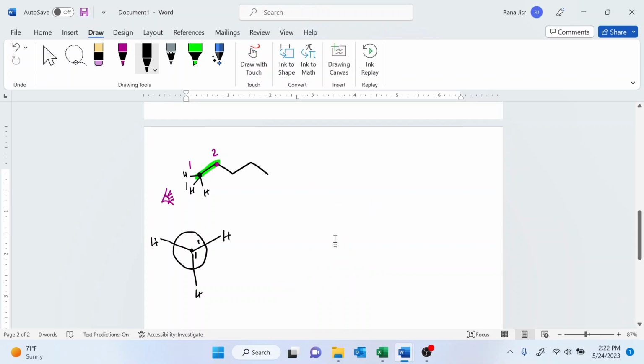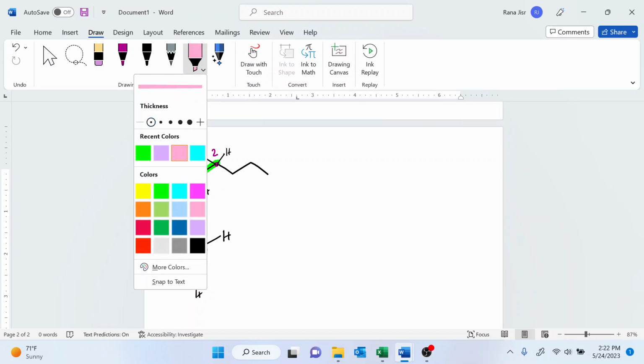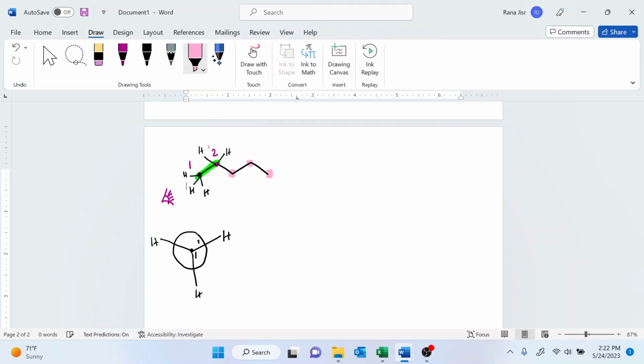Okay. So on the second carbon, I have 2 hydrogens and I have my R group in there. See the R group, how many carbons does it have? It has 1, 2, 3 carbons. And then on carbon number 2, I have a hydrogen and then another hydrogen.